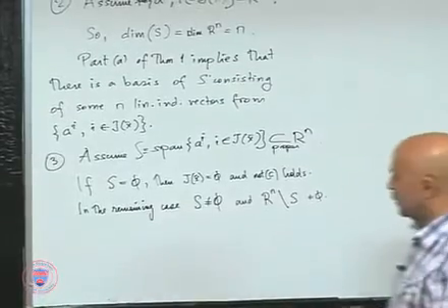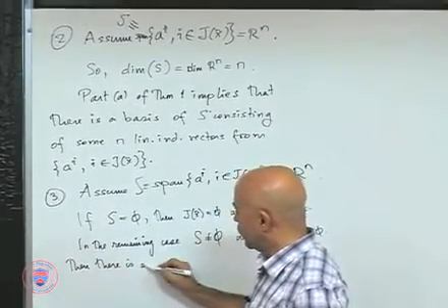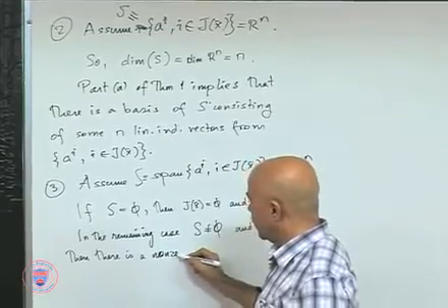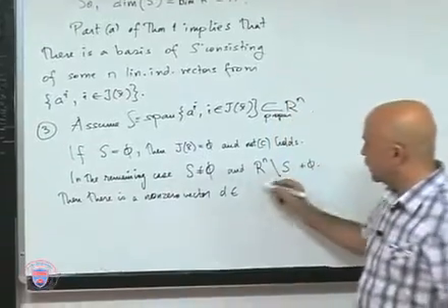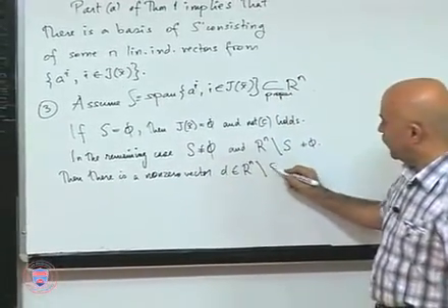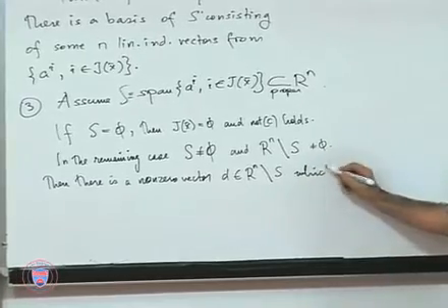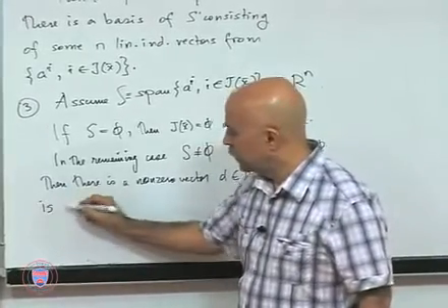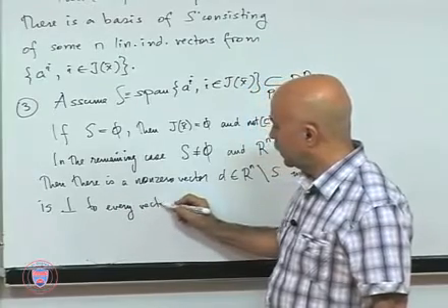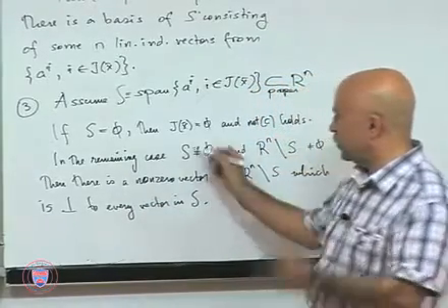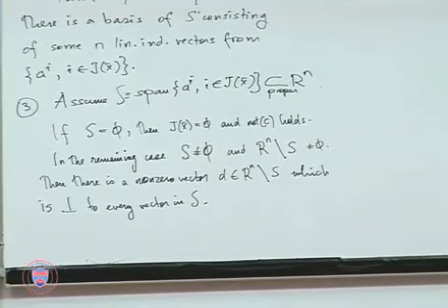In this case, then there is a non-zero vector D in this set, Rn minus S, which is orthogonal to every vector in S, or which is orthogonal to S. Okay, the span S is a subspace.